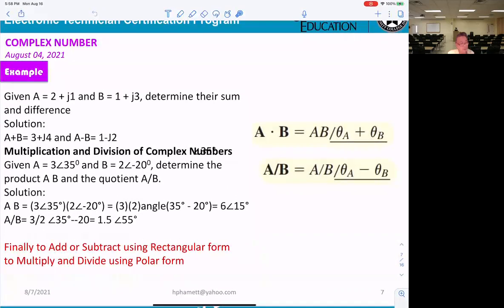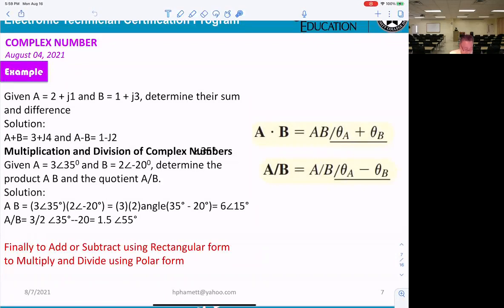Now, the only thing to make sure you understand: if you want to add or subtract complex numbers, you had better use rectangular form. However, if you want to multiply or divide, use the polar.